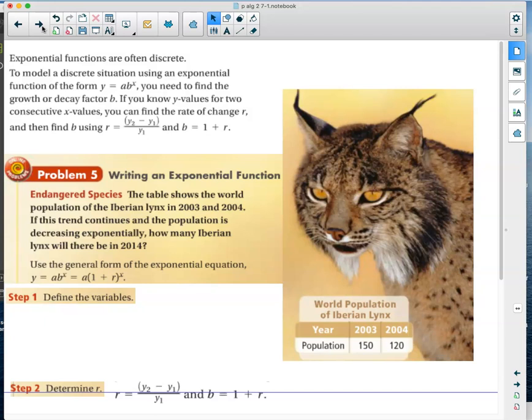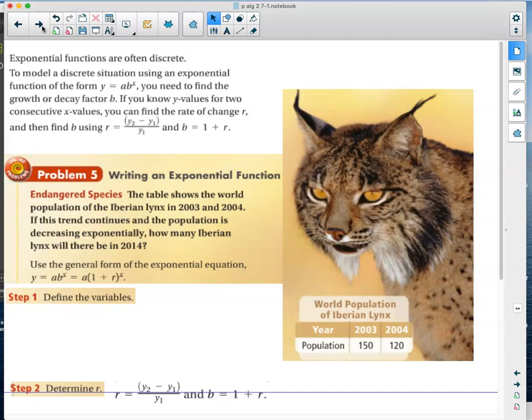To model a discrete situation using an exponential function of the form y equals a times b to the x, you need to find the growth or decay factor. I mean, that's your base. You need that. That's b. If you know the y values for two consecutive x values, which means like each year or each century, whatever it may be, we can find the rate of change r by doing this.